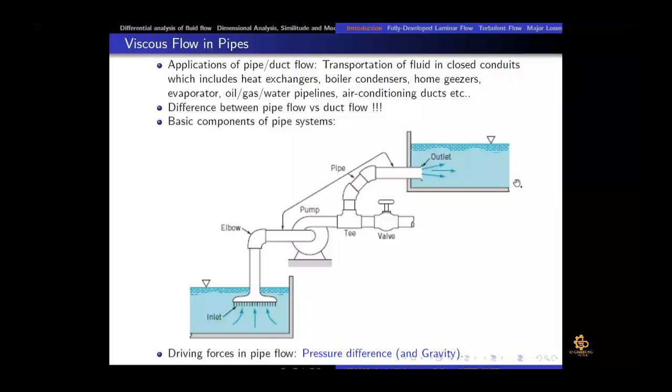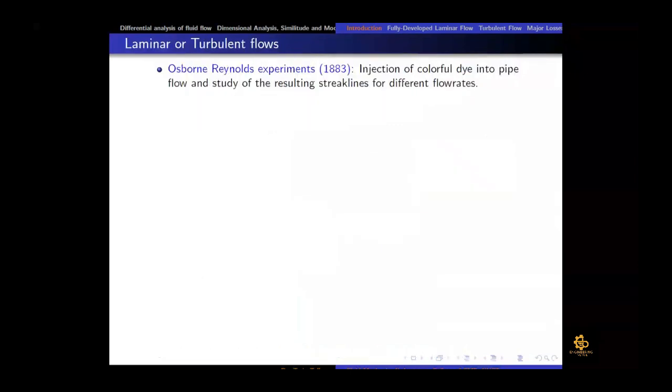Whenever you open your tap, there would be some water provided if your overhead tank has some water stored. So gravity can be a driving force, and pressure difference is normally the driving force in pipe flows or internal flows.